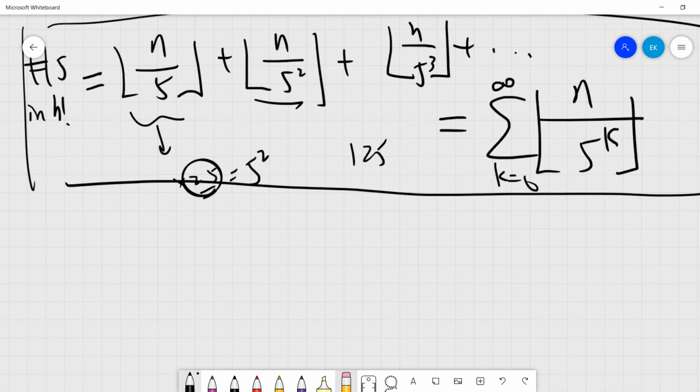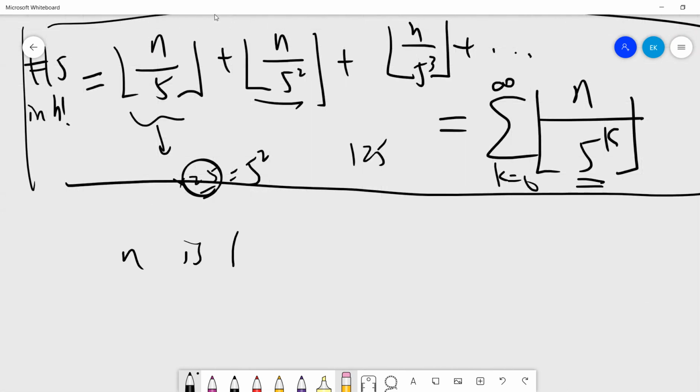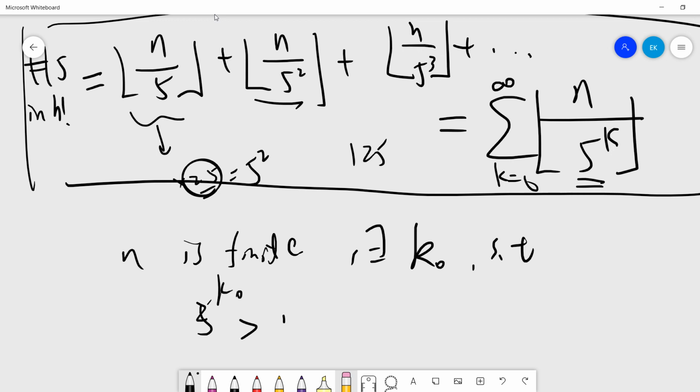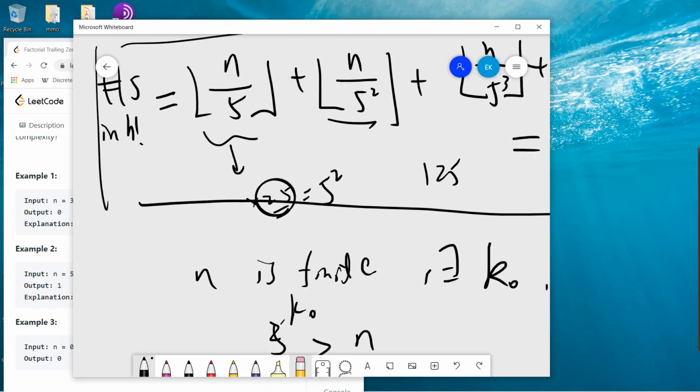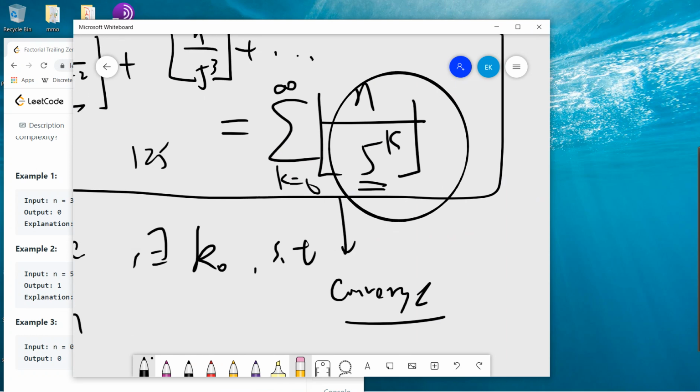And the sum always truncates because n is finite, so there is always some k0 such that 5 to the k0 is larger than n. So this number always converges. Okay, that's it. So we just use n divided by 5 to the k and take the floor.